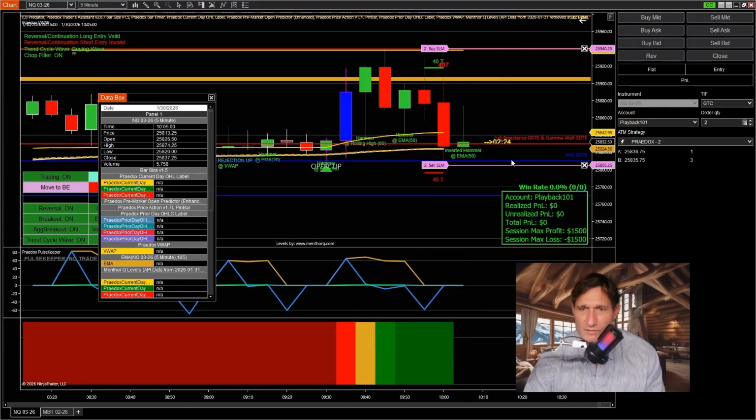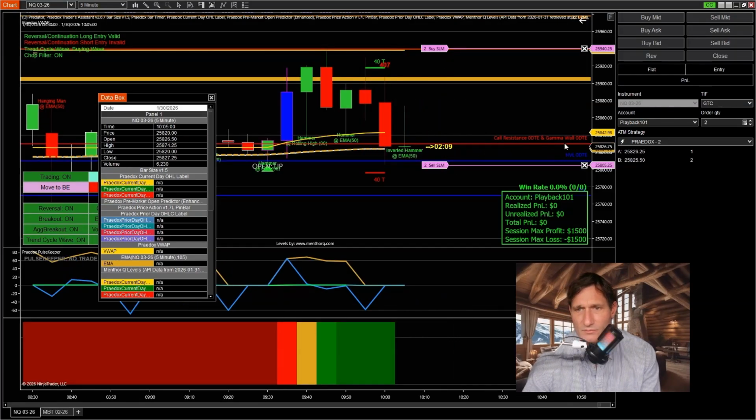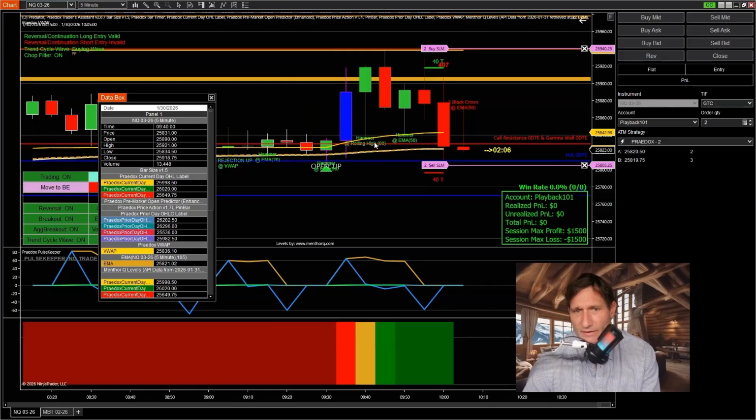And really, you could find other levels that you could put this on, like this call resistance from MentorQ. So I could potentially, once this gets filled, move the stop to make sure that I'm above that. We could use VWAP, make sure you're staying below VWAP. So I do like the fact that in this case, if I'm entering a short, it's going to be below VWAP, and if I'm entering a long, obviously it's above VWAP here.